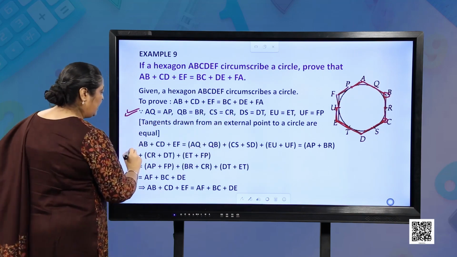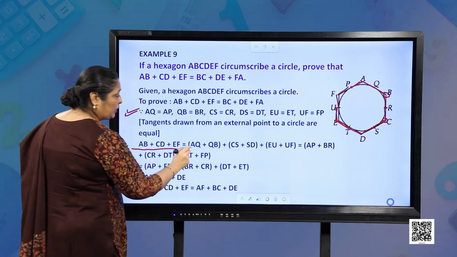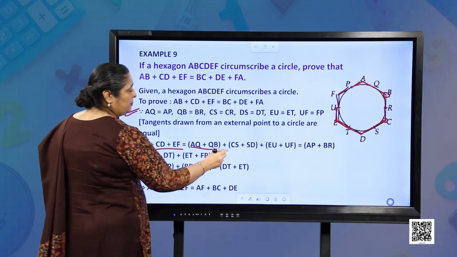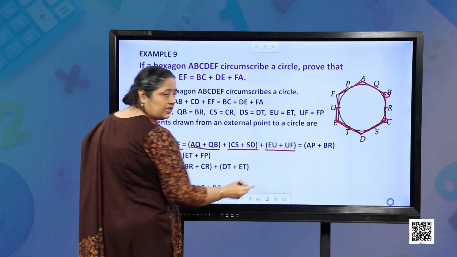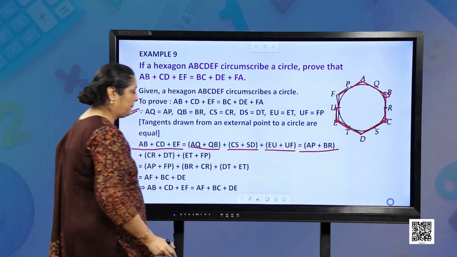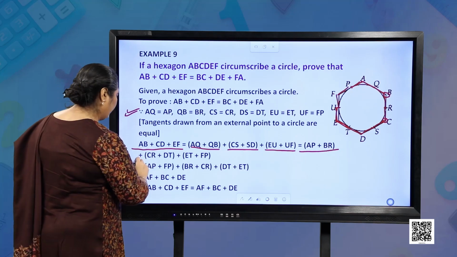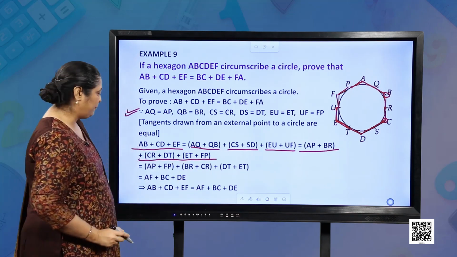So, AB plus CD plus EF. What is this? AQ plus BQ plus CS plus SD plus EU plus UF, that is equal to AP plus BR plus CR plus DT plus ET plus FP.